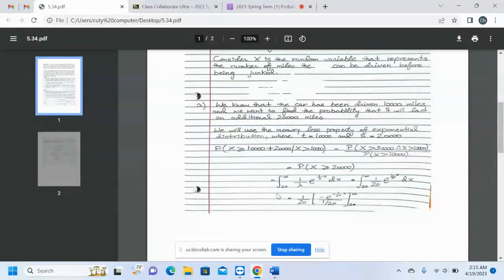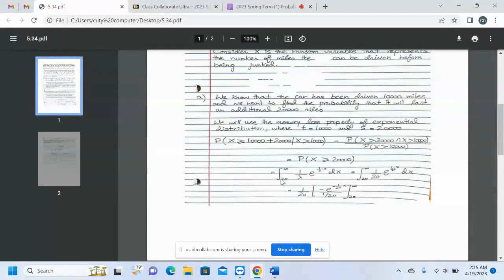So after we know the formula, which is the integral with upper limit infinity and lower limit 20 of 1 over lambda exponential, and then we will put the value of lambda which is in the question, that is 20.